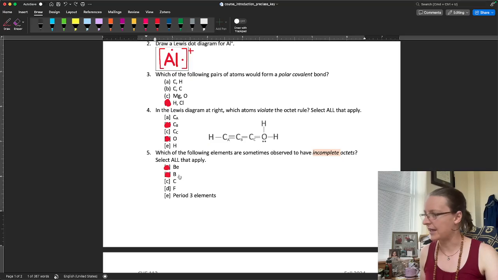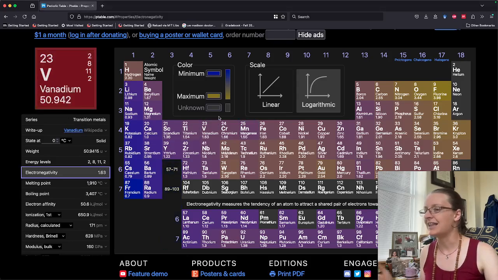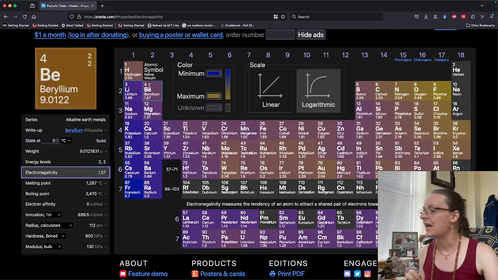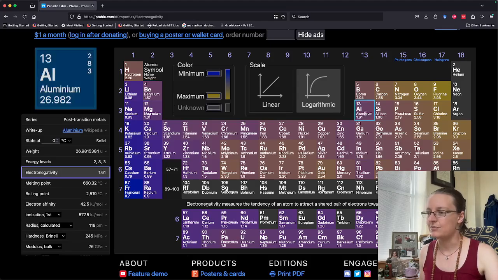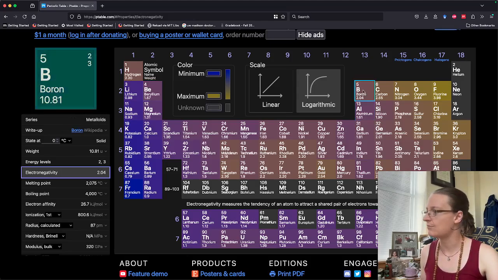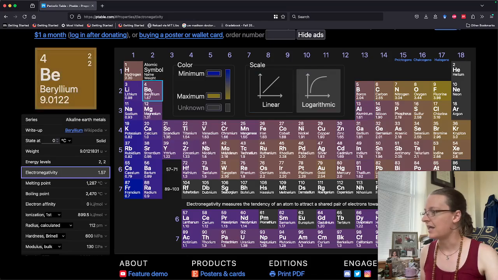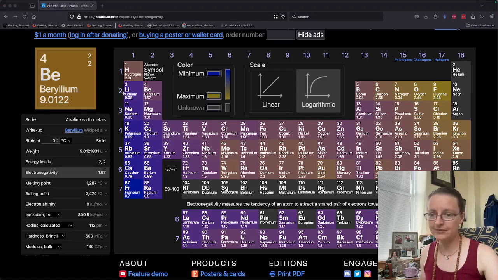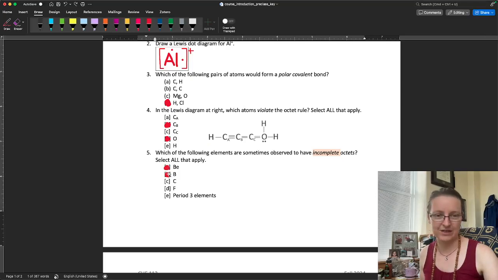Elements that are more towards the left of the periodic table are more okay having less than a full octet. In particular, you might have learned in your course that boron, aluminum, and beryllium are 3 really good examples of atoms that tend to have less than 8 electrons in their octet. And so both of those are ones that we're going to select.